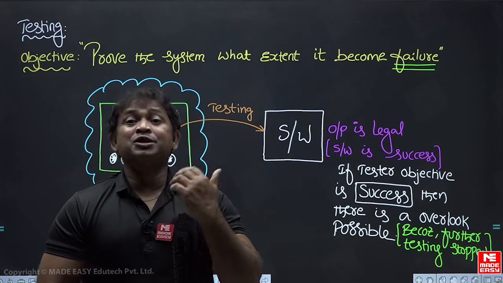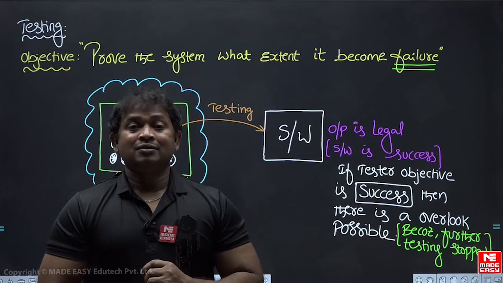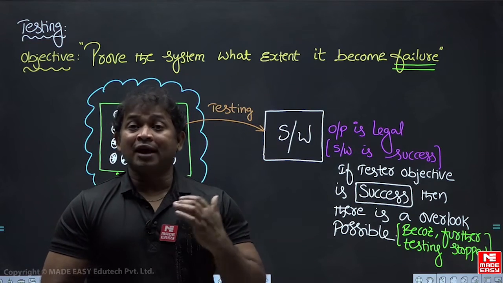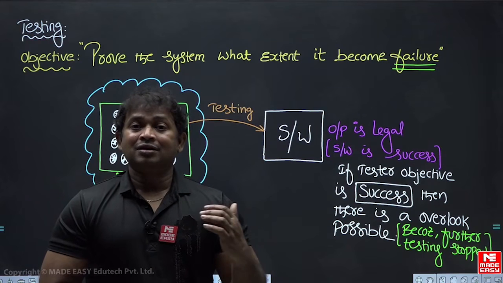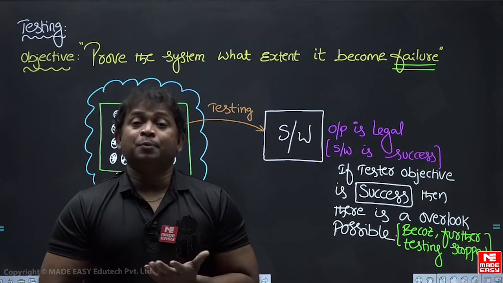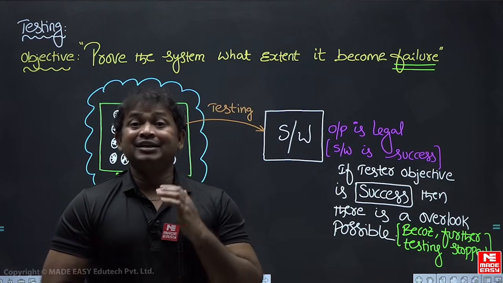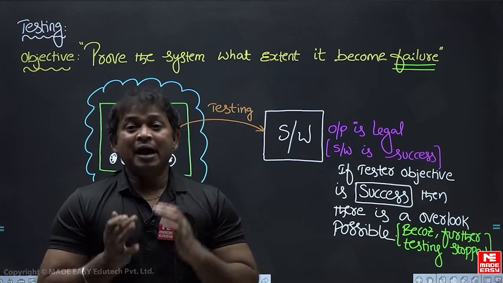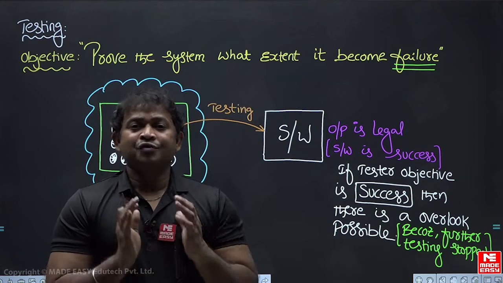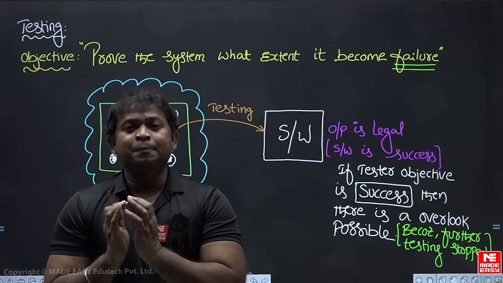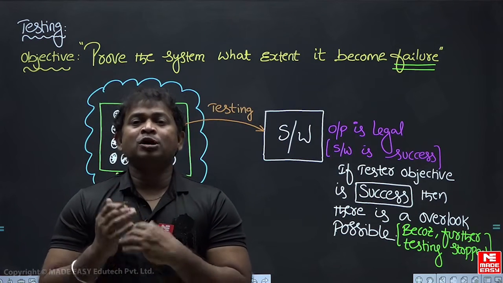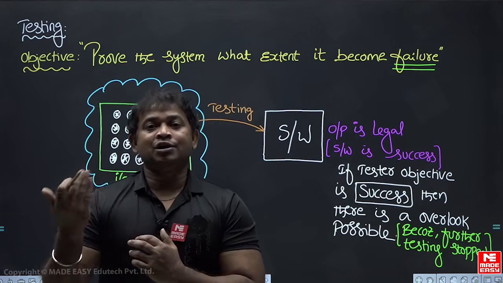When the tester's objective is satisfied, the tester is not going to conduct testing with other possible inputs. That is an overlook. Maybe the system is perfect with only one particular input set. It may not be perfect with another kind of inputs.